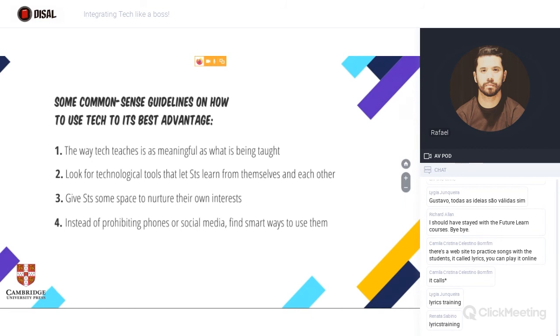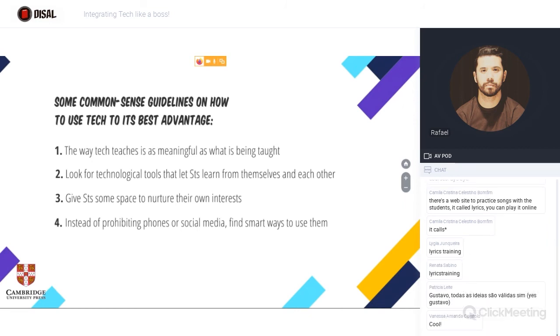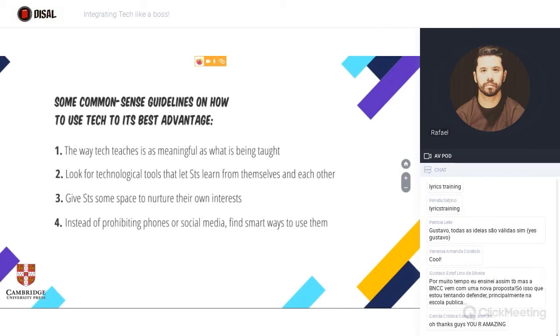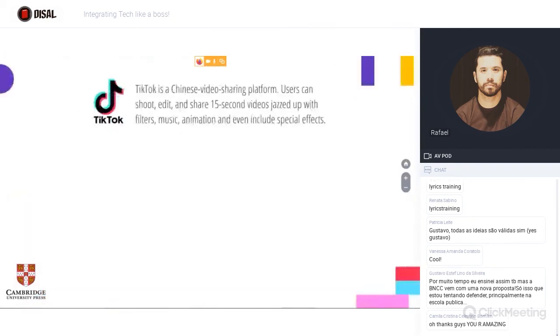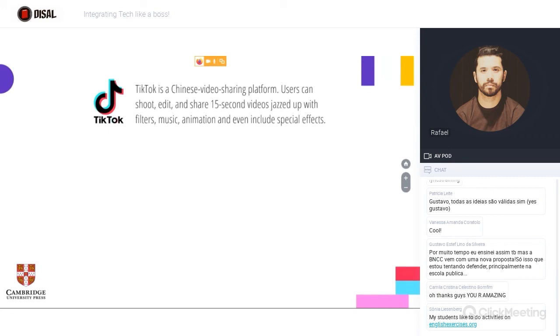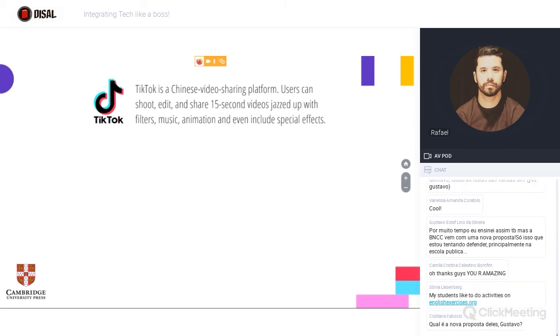So number 4 is, instead of prohibiting phones or social media, try to think of smart ways to use them. And by saying so, I'd like to illustrate this tip with a real example. I'm sure you have already heard of TikTok somehow, but in case you haven't, TikTok is a video platform, a super trendy app that students are going through nowadays and everyone is sort of addicted to, that helps students and learners create, shoot, and edit short videos.